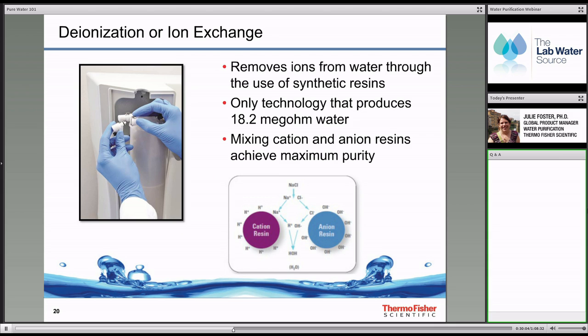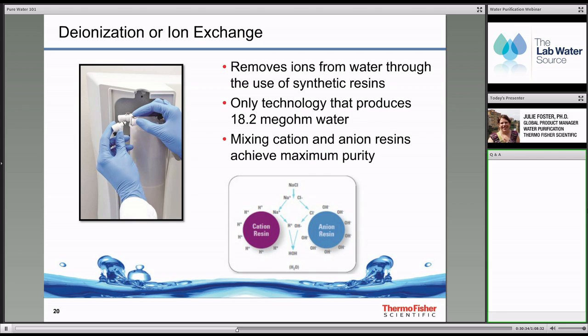And deionization, or ion exchange, is a process that pushes water through spherical porous resin beads. On the left, I show you one of our cartridges. This is a cartridge full of resin, and the scientist is using the quick connects to connect it into the water system. If you had a microscope and could zoom in to what's inside that cartridge, you would see what's on the left, which is the cation.